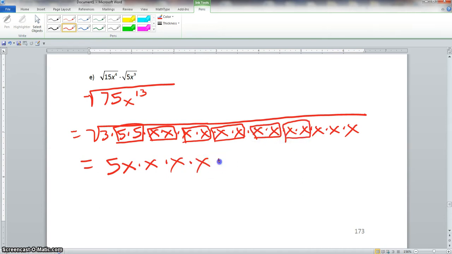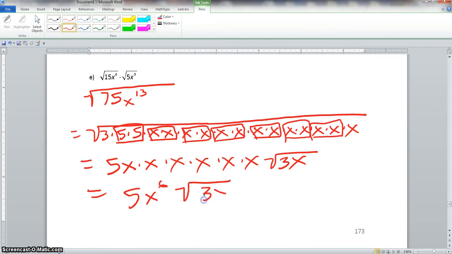And finally, the last set of x's. And what we will have under the radical is 3x. So now we have 5 times x times x times x times x times x times x. And this will give us 5x to the 6th power times the square root of 3x. So that will be our final answer.